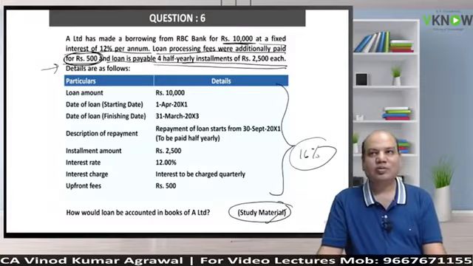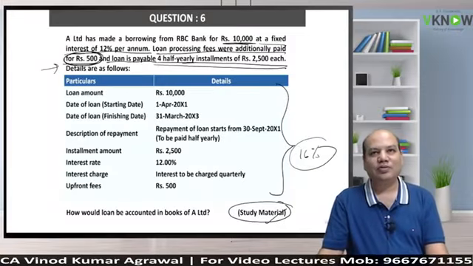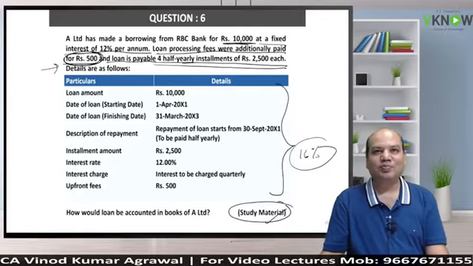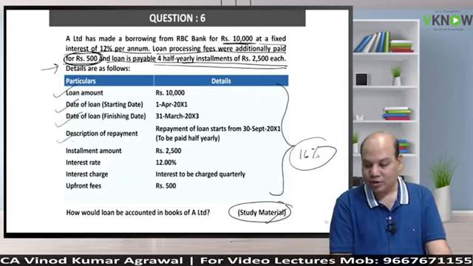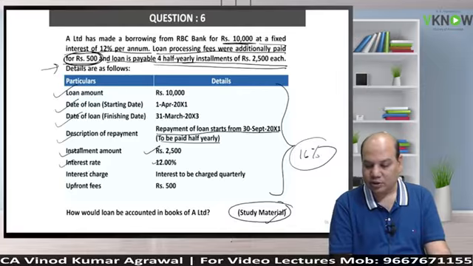Don't worry. Just like you do annual, you do half-yearly. What is the harm? Treat one period as 6 months. Loan amount 10,000, date of loan, date of repayment. Now this is again the same thing. Repayment of loan starts 30th September, paid half-yearly. Installment amount 2500, interest rate 12%.